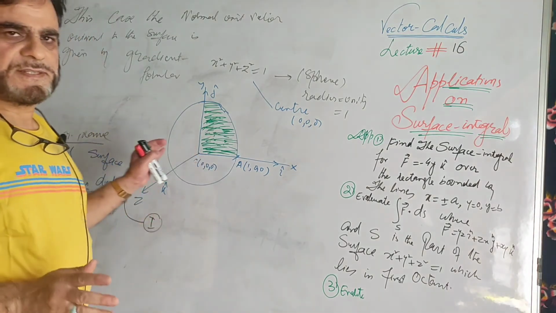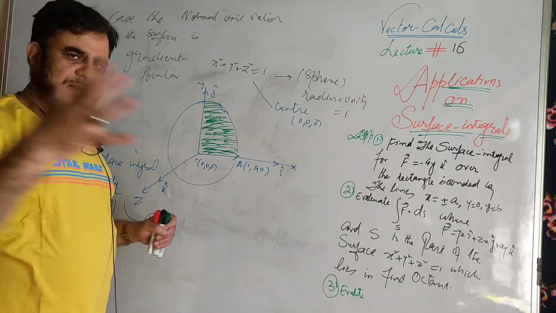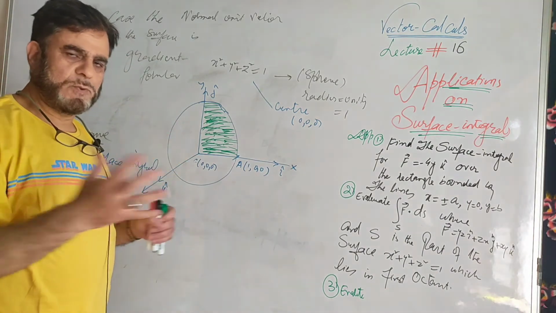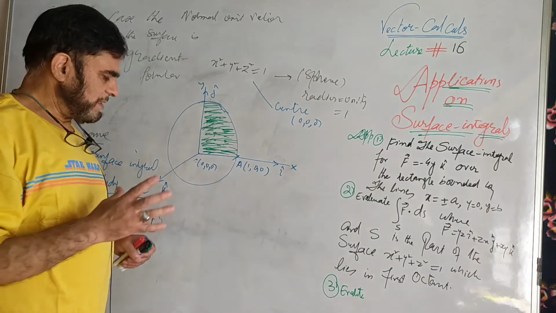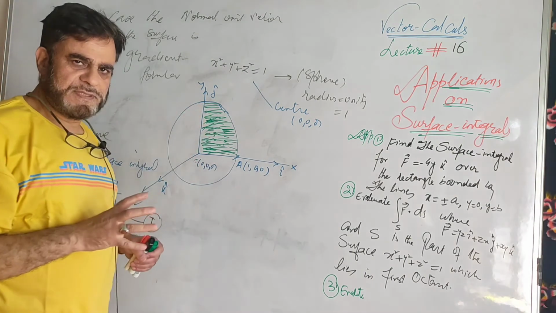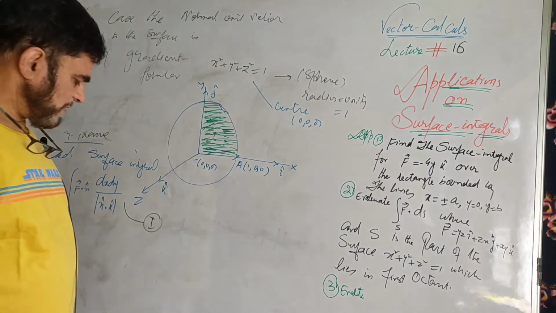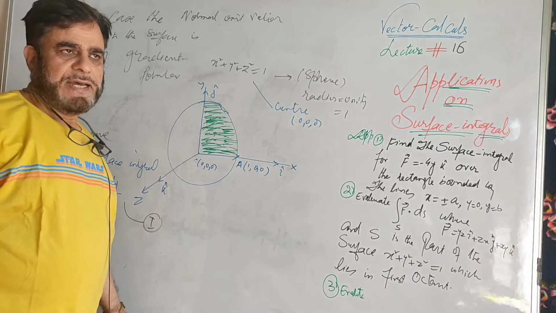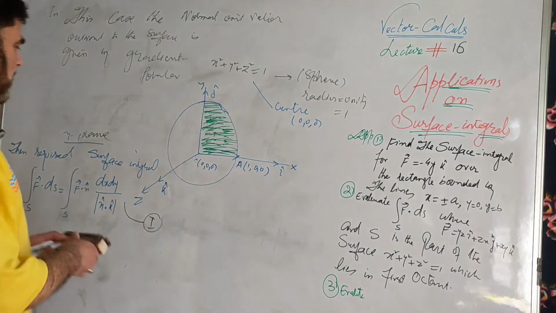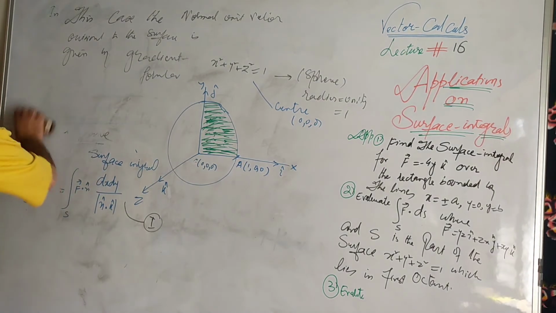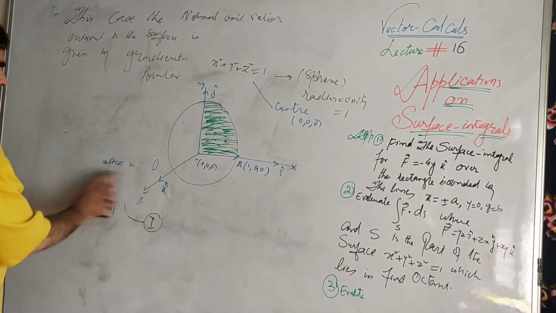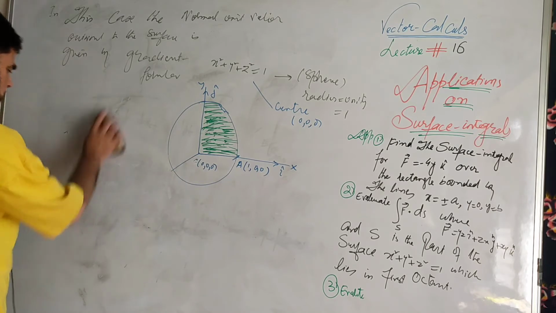When we have such a case, where the surface is neither lying wholly in nor parallel to a plane, but just part of the surface lies in one plane, then we project that part in the xy plane or yz plane. But in that case, n is given by the gradient.